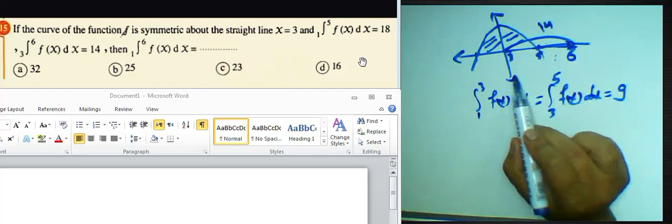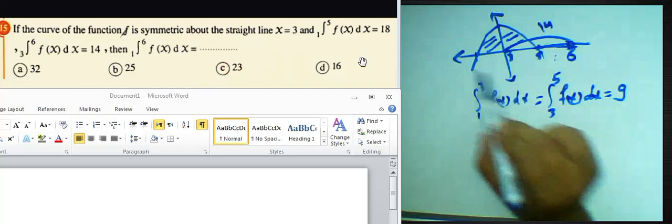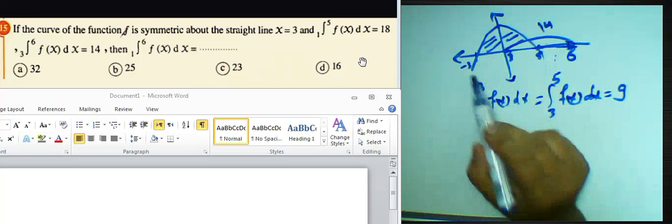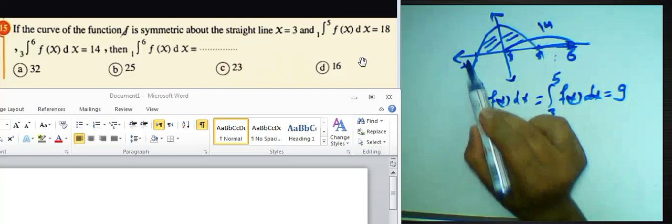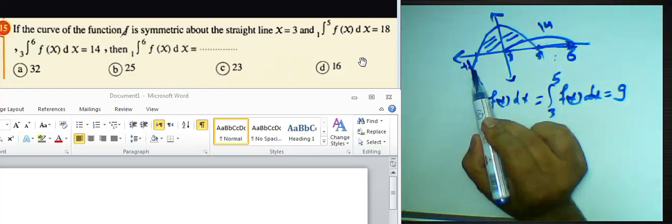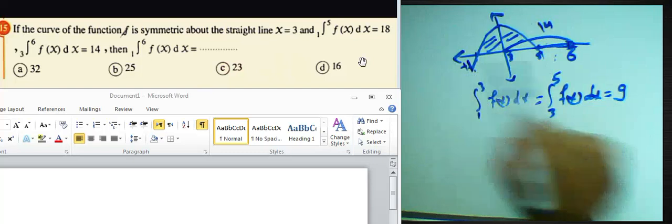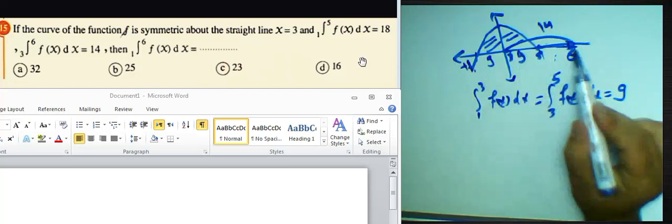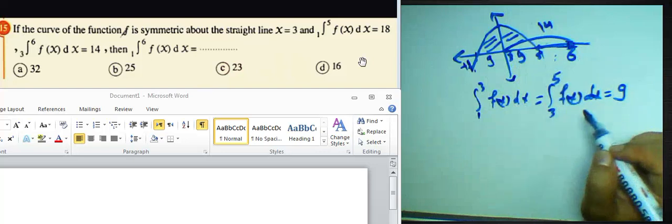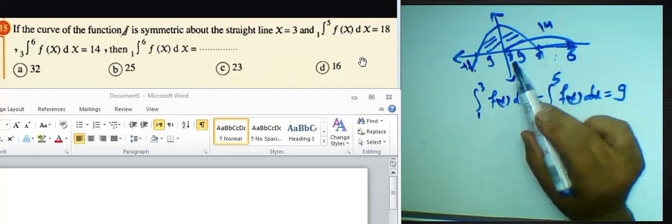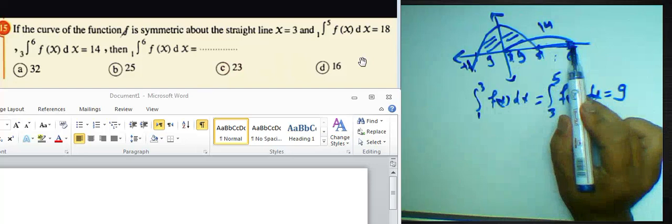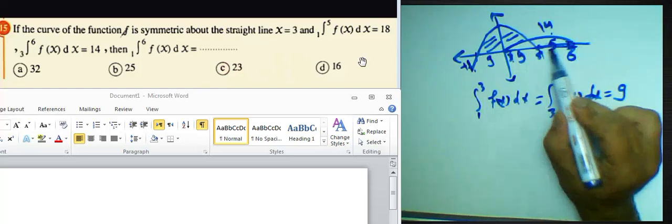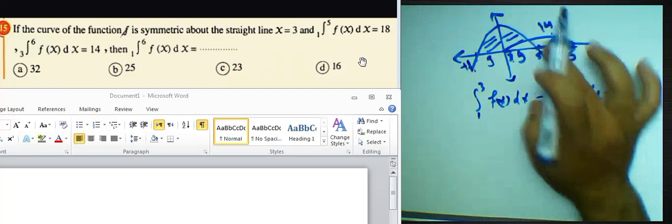He wants to find the integration from 1 to what? He gives us the first information from 1 to 5, 18, so it's 9 and 9. And from 3 to 6 equals 14. 14 minus 9 equals 5.